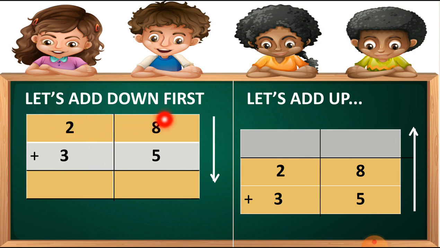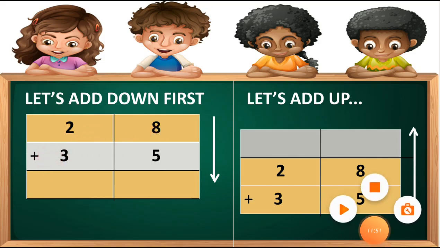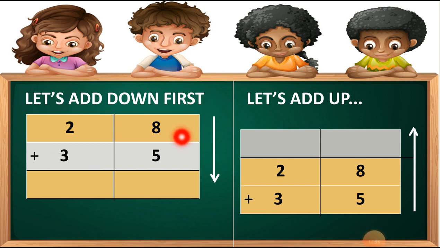So students, here is one example for you. Let's add down first. You can see through this arrow that we are adding down first. Now here the question is 28 plus 35. Let's see the ones column first. Here is 8 plus 5. So students, 8 plus 5 is equal to 13.